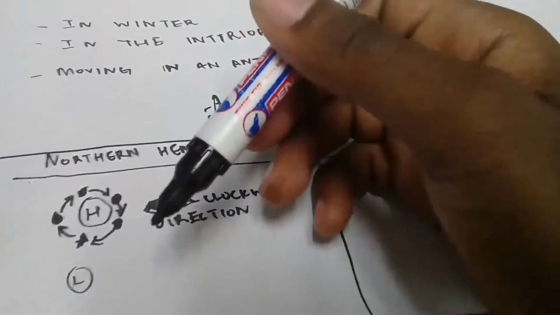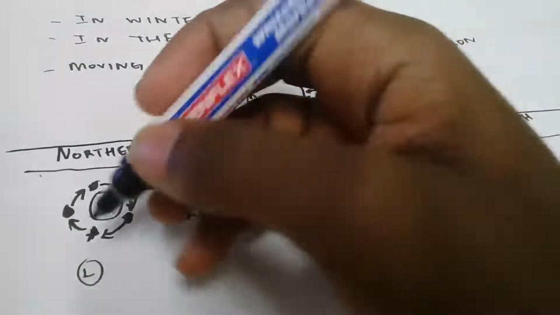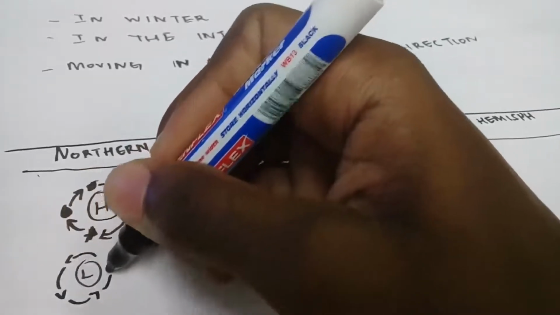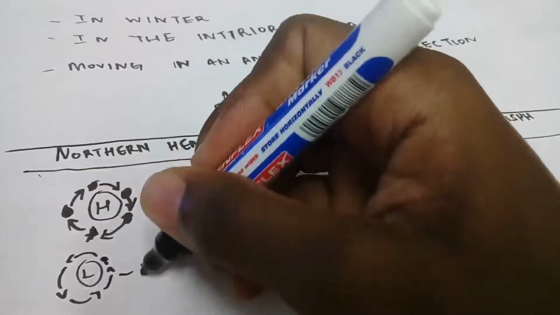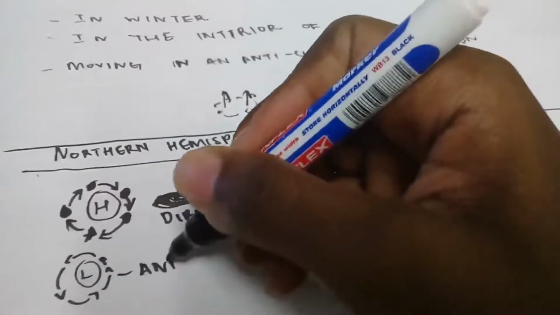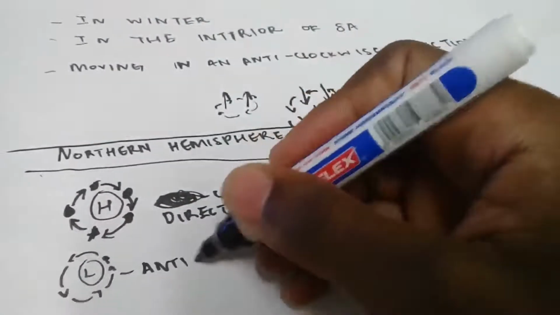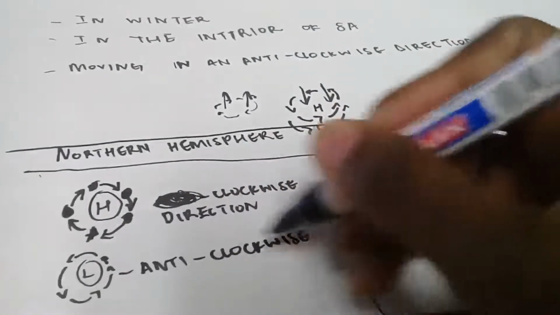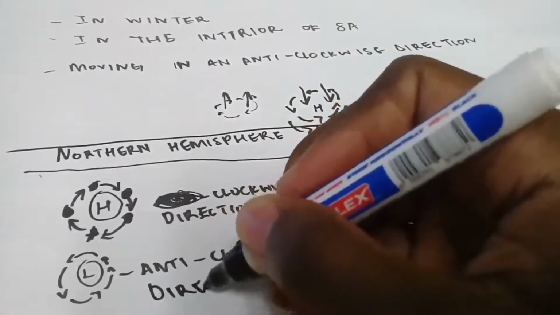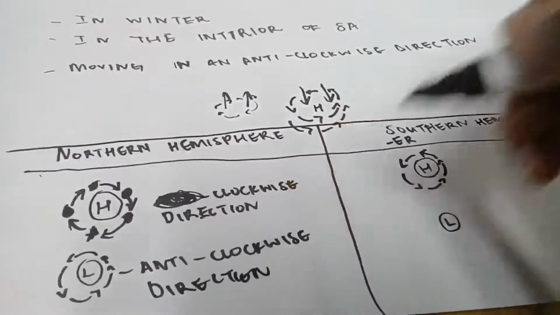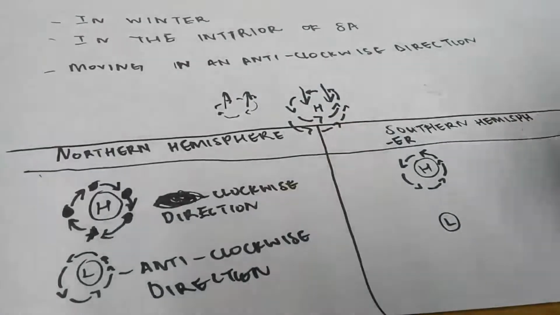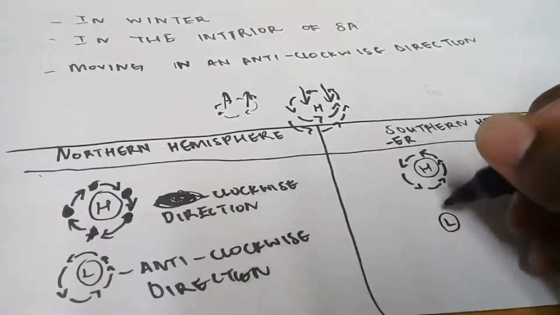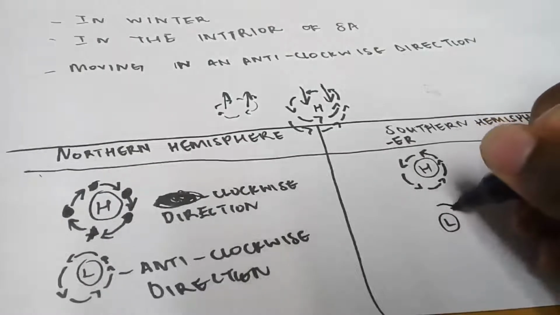Then the low pressure system in the northern hemisphere will move in an anti-clockwise direction. Then in the southern hemisphere, they will move in a clockwise direction.